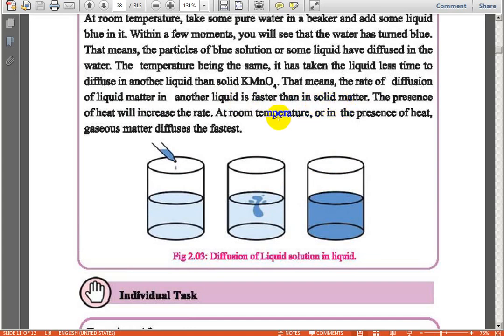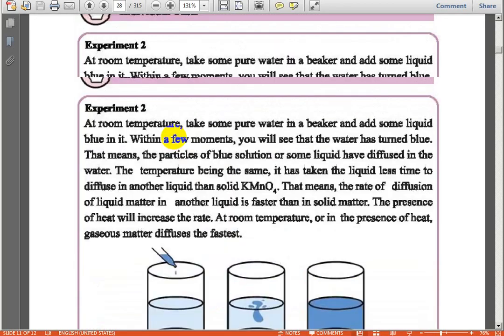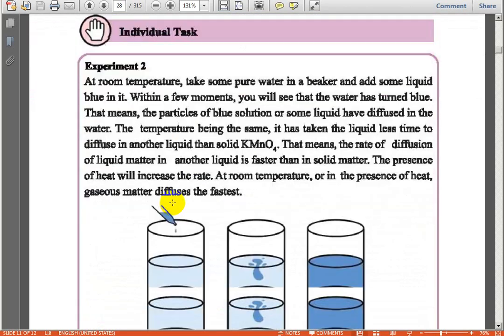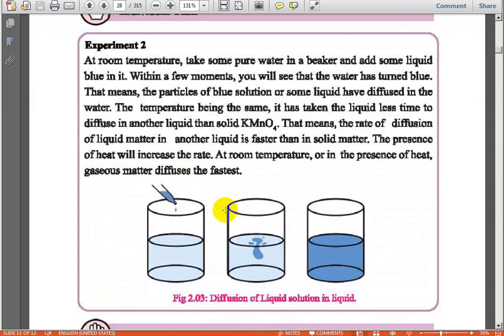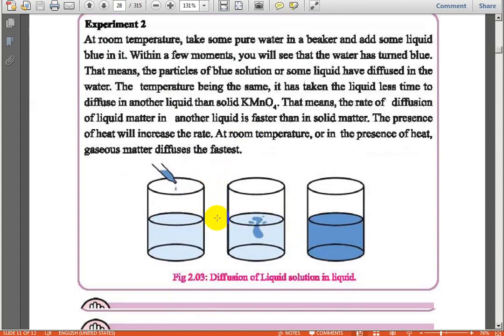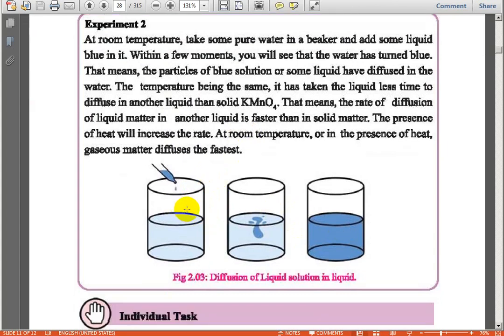If you take solid matter like potassium permanganate in water, and here blue is liquid, in the same time diffusion occurs faster in the blue liquid, because liquid diffusion is faster than solid, and also gas diffusion is fastest among liquid and solid.